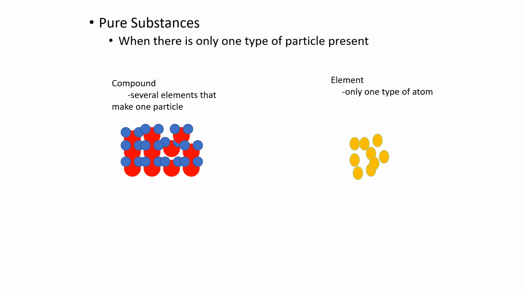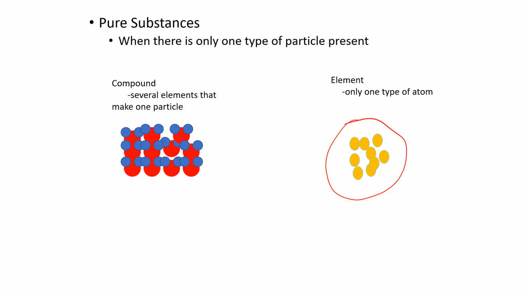Now, a pure substance is when there is only one type of particle present. And there's two different types of pure substances. An element, a pure substance where it's only one type of atom. And so for here, I have gold, like these are my representations of gold. Now gold is an element, gold is on the periodic table, and it is one type of atom.